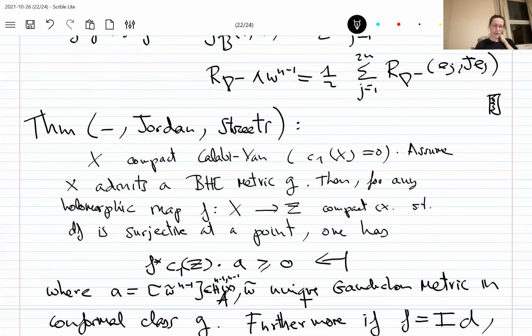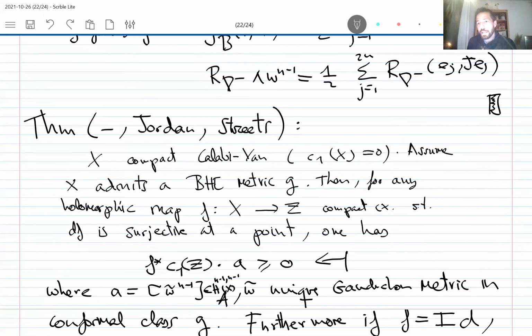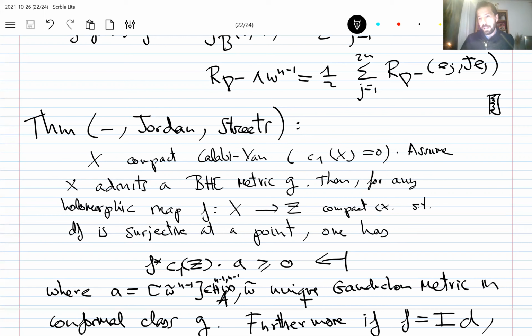And C1, it's not de Rham, it's in Bott-Chern. No, C1 is in Bott-Chern because A is only in Aeppli. So you have the class in Aeppli homology of the Gauduchon metric in the conformal class of G. So this is the way you measure the degree in a Hermitian setting.